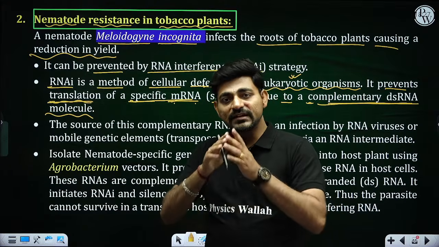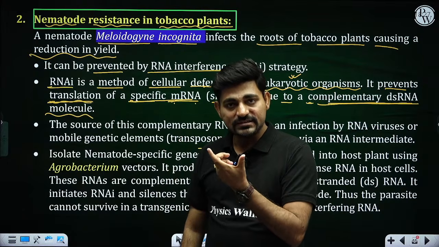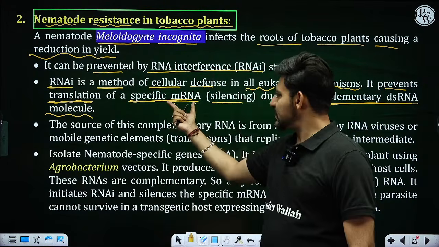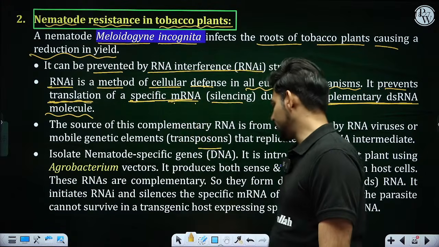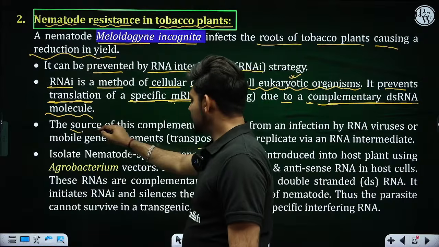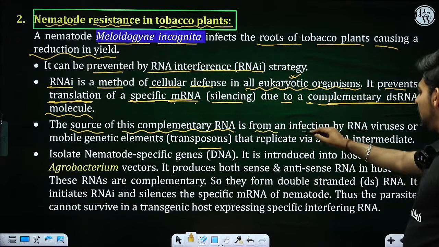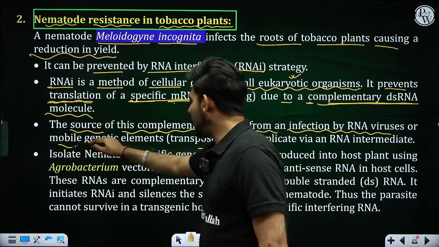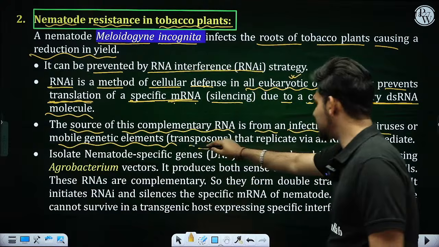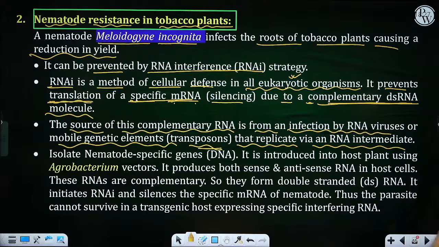The cell will digest the sense strand, and the remaining antisense strand will go and bind with this mRNA and stop the process of translation. The source of this complementary RNA is from an infection by RNA virus or mobile genetic elements or transposition that replicate via an RNA intermediate.